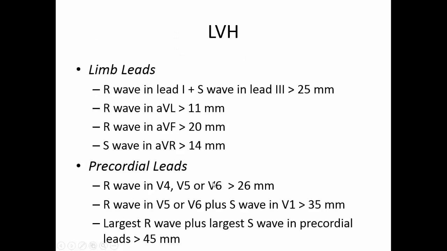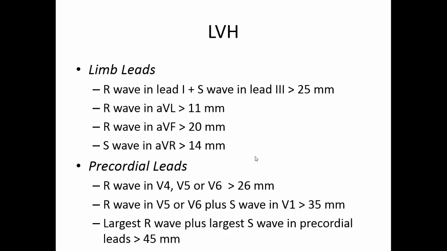Left ventricular hypertrophy. We talked earlier in the lecture about ways to decide whether or not a patient has LVH. And I mentioned there are lots of different ways or qualifications to have LVH. Here are several ways you can determine whether or not a patient has LVH.